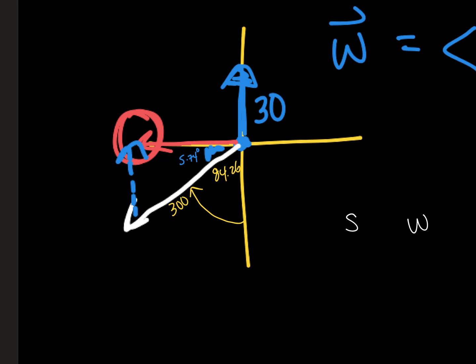So the bearing that the plane needs to set its heading at, so it needs to act like it's going in that direction, and then the wind is actually going to push it back up north to end up in whatever its destination is that's due west of the airport, is going to be a bearing of south 84.26 degrees west.